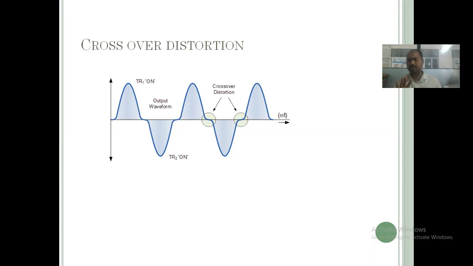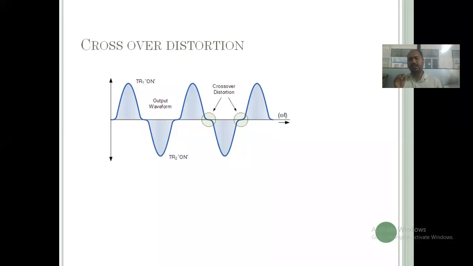But in the case of the class B amplifier, what do we have to do? We have to work the transistor such that one important point is the cutoff point, whether it is silicon or germanium. You know, silicon has 0.7 volt as the cutoff voltage, germanium has 0.3 volt as the cutoff voltage, right? So what it indicates is that during that portion, this device is not turned on.